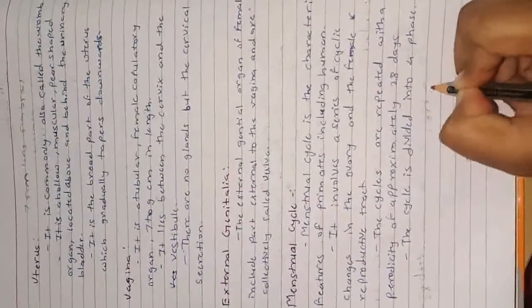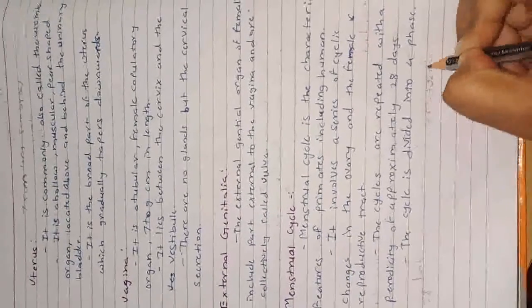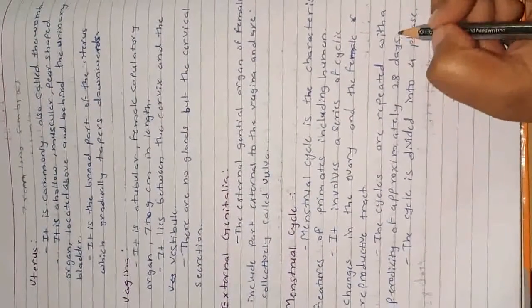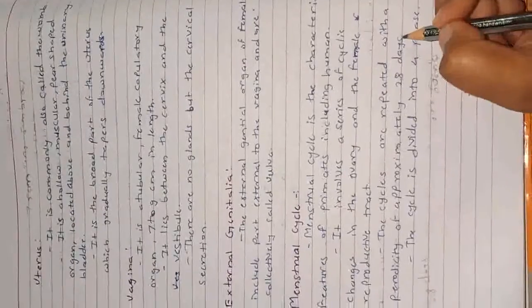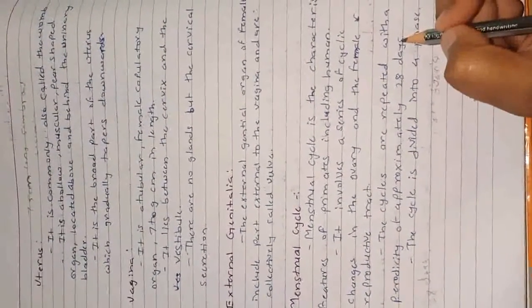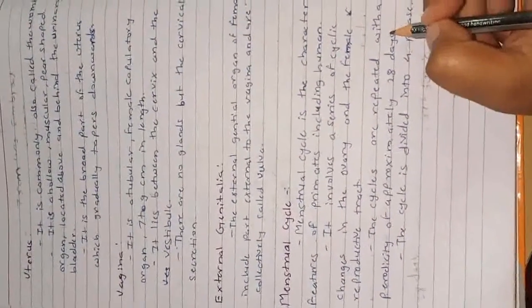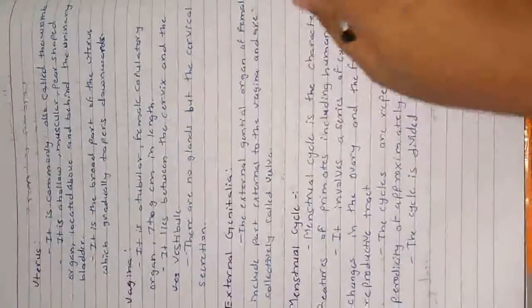The cycle is divided into 4 phases: menstrual phase, post-menstrual phase, ovulatory phase and secretory phase. First one, menstrual phase.